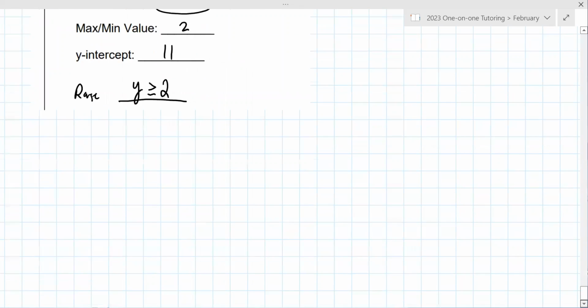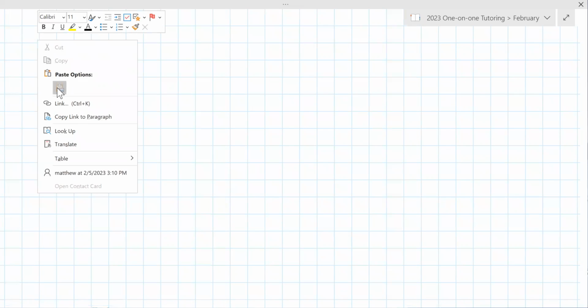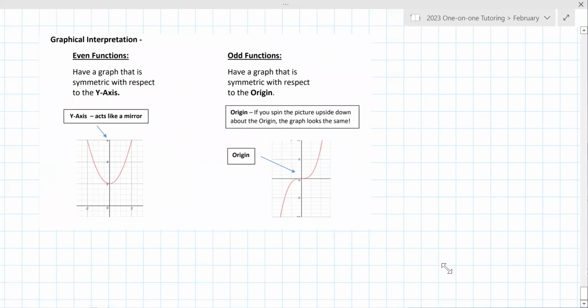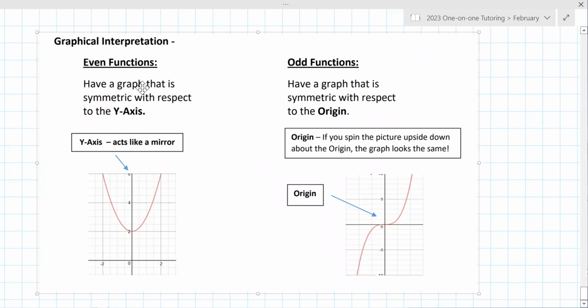Okay. So I found this graphical thing, and I think it's really nice. This is the simplest way to explain even and odd. Even functions have a graph that is symmetric with respect to the y-axis. The y-axis acts like a mirror. Basically, the left side has to look like the right side, and it can slide up or down, but it's got to be the same on both sides. The odd is a little bit harder.